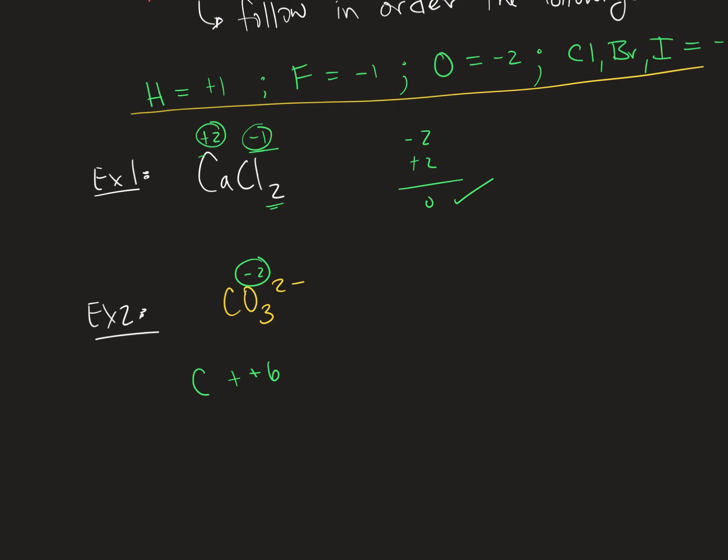We don't know what the oxidation number is for carbon. What is that going to equal? This is the sum of the oxidation numbers. This is equal to what? -2, because that's the charge of my compound. So I'm going to add 6 to both sides. And I get the carbon's oxidation number is +4.